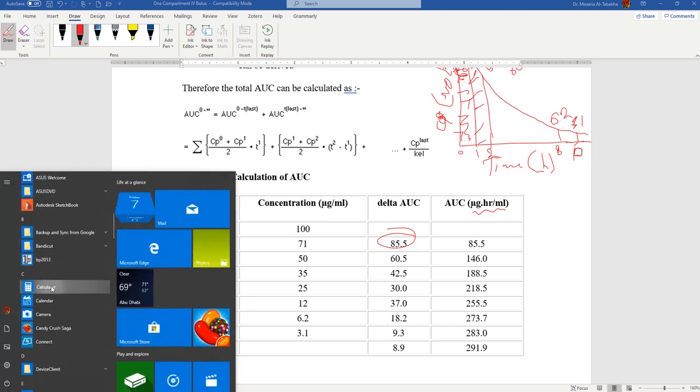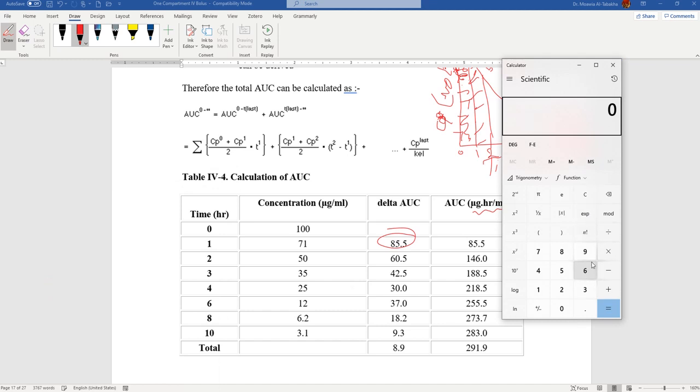Let's see. 6.2 plus, I'm trying to get the average concentration, plus 3.1 equals, and then divide this by 2 will give you 4.65.